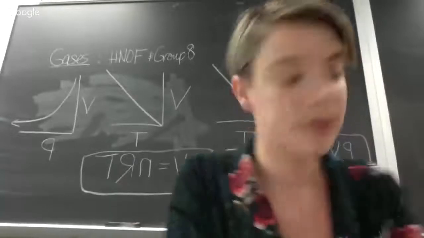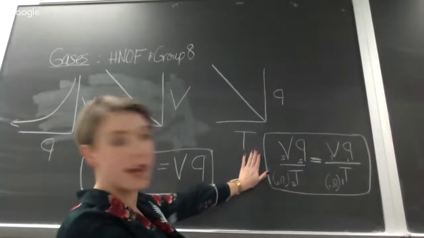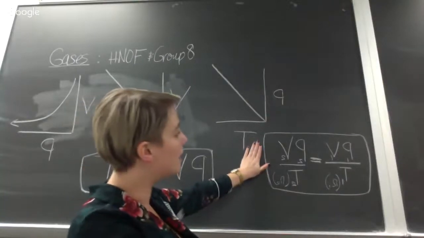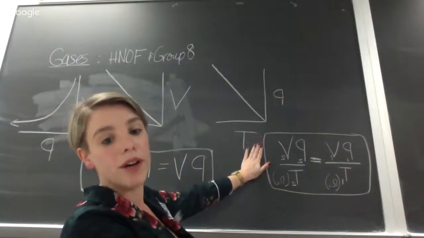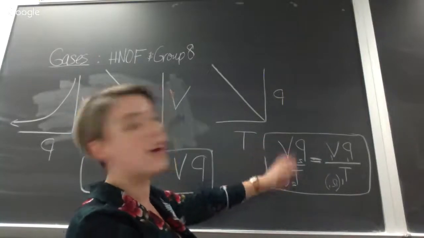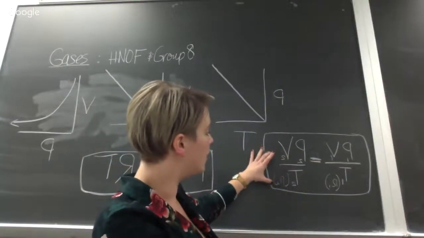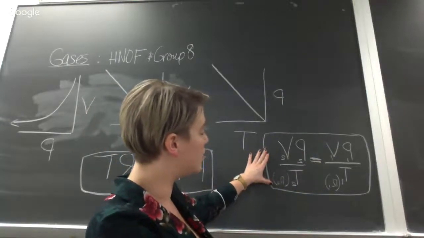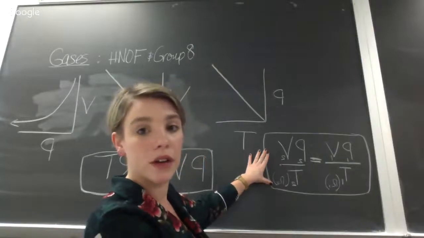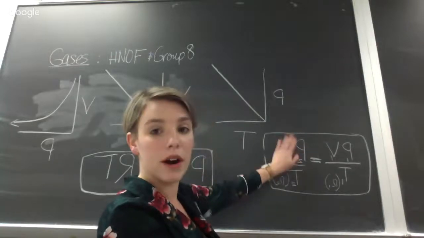So what else? As you already know, this combines all of the laws: Boyle's, Avogadro's, Charles's, Gay-Lussac's. All of these are combined here. I would really focus on this, because if you don't have a variable, you leave it out, and this will still work.